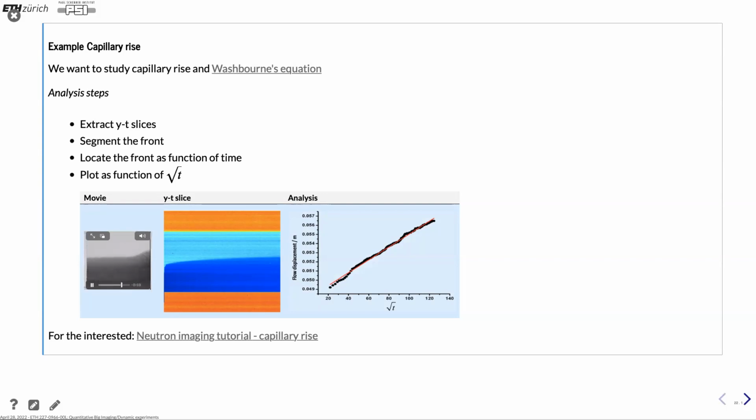If I now extract the points along this edge, then I can nicely plot them as a function of the square root of t. And from that, we can learn about the average pore sizes in the material. All that is in this tutorial. So if you are interested in looking into that kind of experiment, please go there.